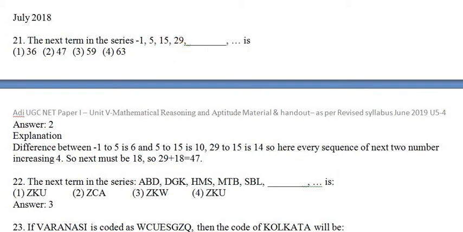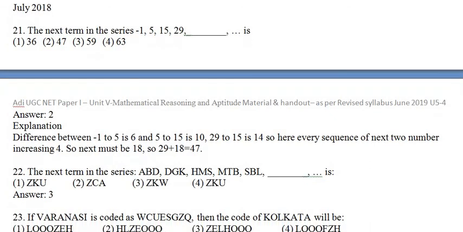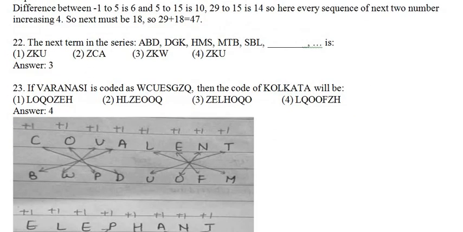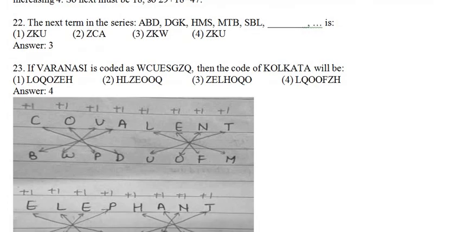Okay, and the next question is the next term in the series. They represent it like that. What is the next one? For that it is very simple, right? After A, for every group, the first letter is what? A, D. In between we have B, C. Now D, E, F, G, okay, 3 letters, then 4 letters in between, 5 letters, then it must be 6 letters.